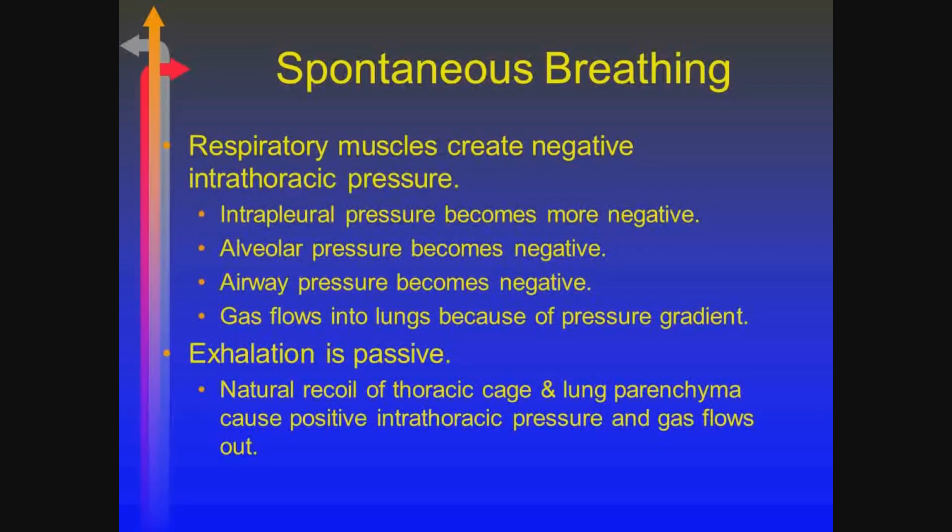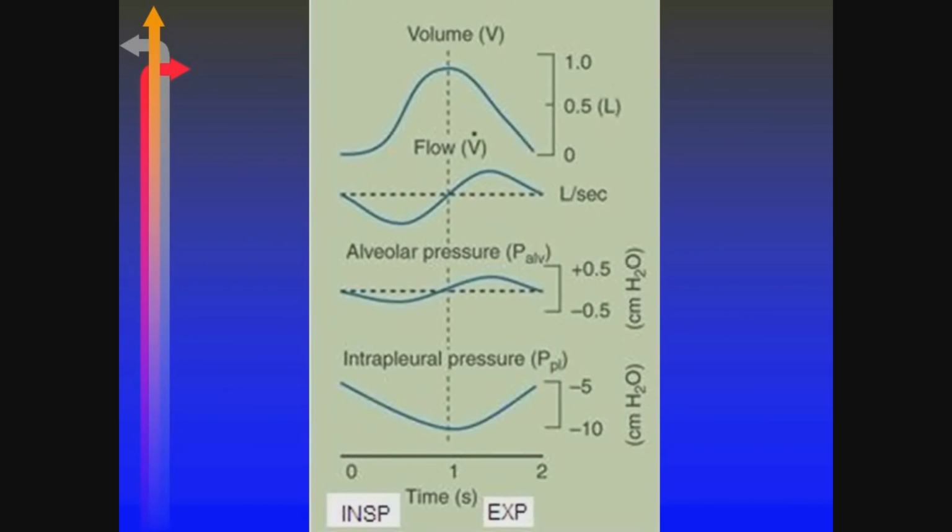We know that during spontaneous breathing, our respiratory muscles change intrapleural pressure, making it more negative, which causes alveolar pressure to become more negative, which causes airway pressure to become more negative, which causes gas flow into the lungs, with exhalation being a passive maneuver, right? That's basically the graphical display that we looked at earlier, showing that.